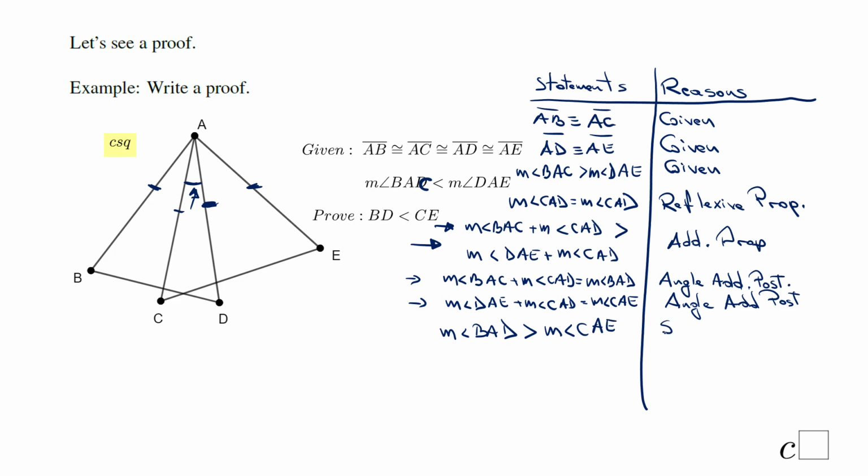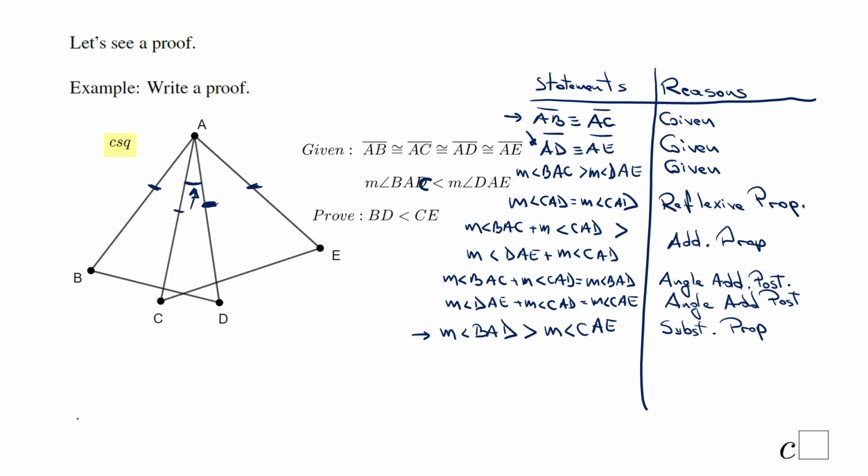That will be the substitution property. And now let's take a look. Do we have everything we need for the Hinge theorem? The answer is yes. We have these two corresponding congruent sides. We have this angle which is greater than the other one.